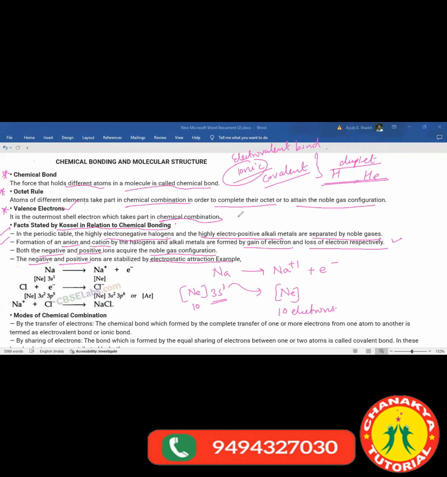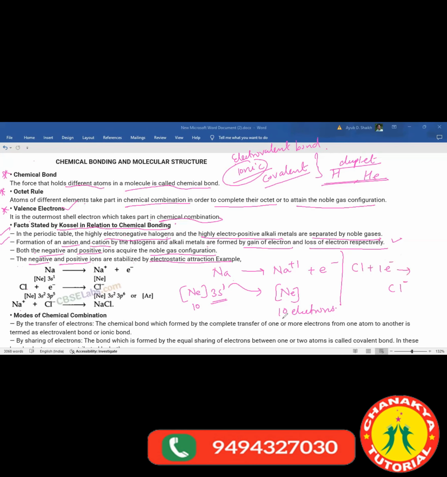I'll write it here for your understanding. Cl, when it gains one electron with a negative charge, converts into the Cl minus ion.